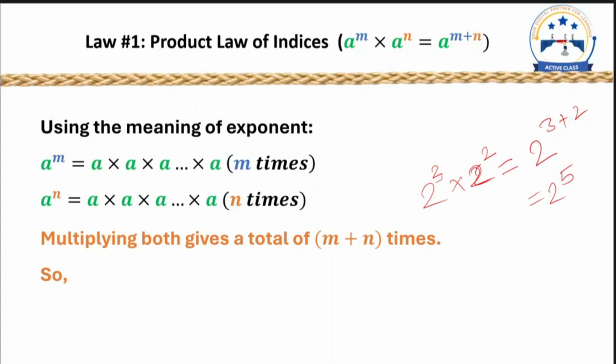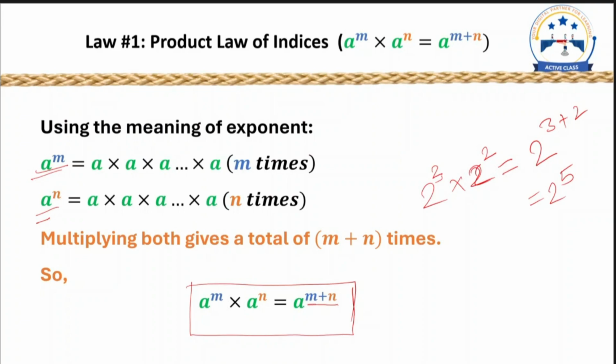Following the same process, if we multiply a power m and a power n, then the power becomes m plus n. So, a power m times a power n equals a power m plus n. Means, if we are multiplying the same bases with different powers, we simply add the powers. This is the multiplication law, or the product law of indices.